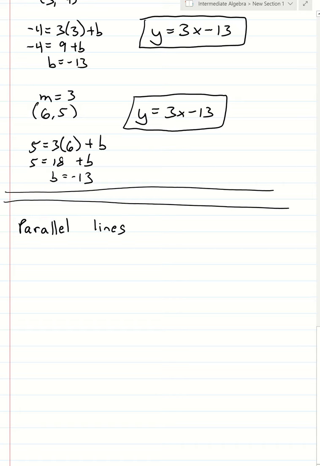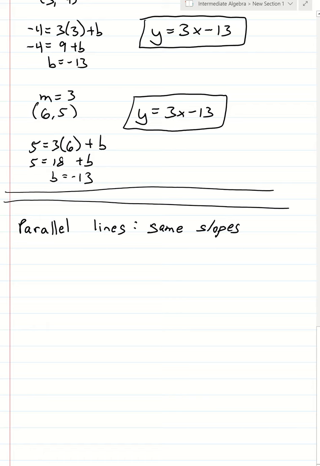Parallel lines are 2 lines that never intersect, never meet, okay? They do have to be coplanar, which means they're on the same plane, but that's getting real technical, okay? But what's more important is something special about their slopes that makes the lines parallel to one another. Now, all parallel lines are going to have the same slopes.